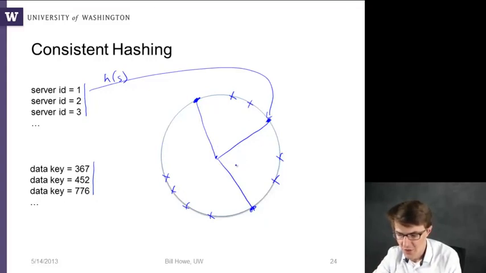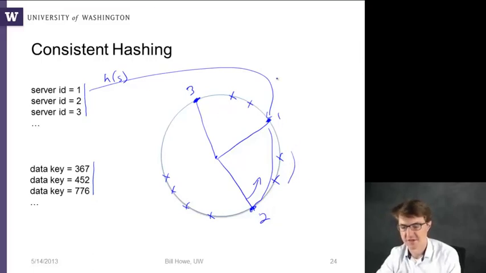And now this entire region, server 1, server 2, server 3, this entire region is responsible for all of these data keys. Sorry, this server is responsible for all these data keys. And then this server is responsible for all the data keys in this region. And this server is responsible for all the data keys in this region.